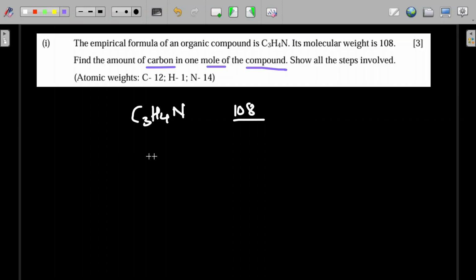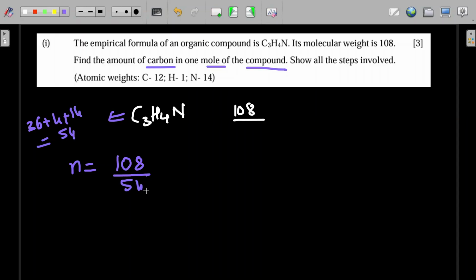So first of all, how do you find the molecular formula? The n value you have to find. n value is the molecular weight, which is given as 108, divided by the empirical weight. From this, find the empirical weight: 36, 4, 14, 40, 54, right? 54 means n is equal to 2.